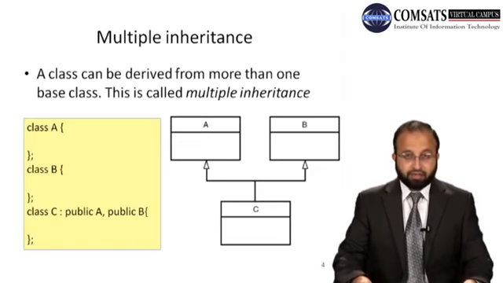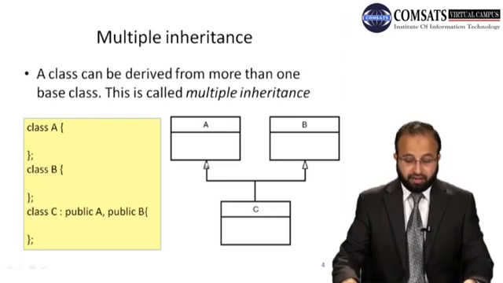We can represent this relationship in a UML diagram, unified modeling language diagram, like this. So this is class A, class B, class C, and this empty arrow represents the inheritance relationship, right? Class C is inherited from A and class C is inherited from B.